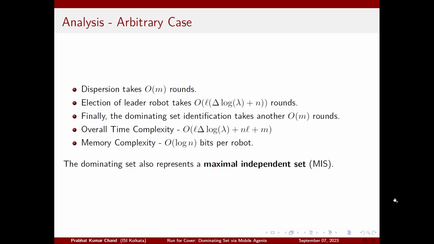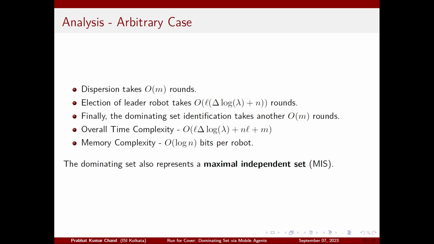Now for the analysis of the arbitrary case, in stage 1 dispersion takes order of m rounds. In stage 2, the leader election takes order of L times delta log lambda plus n rounds, where L is the number of robot clusters at the start and lambda is the maximum ID of the robots.